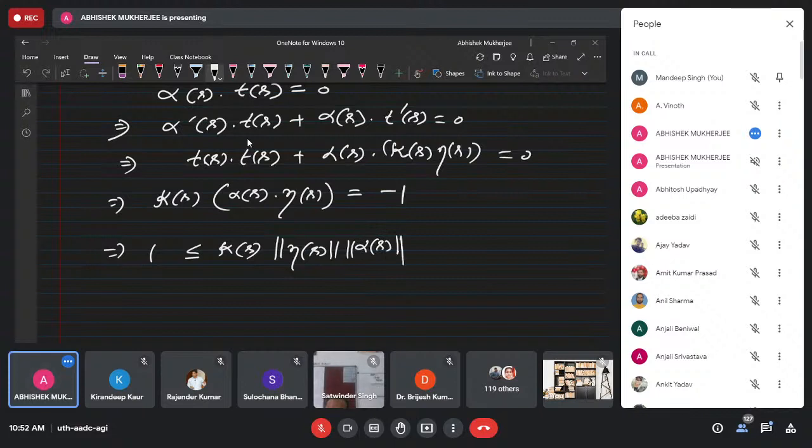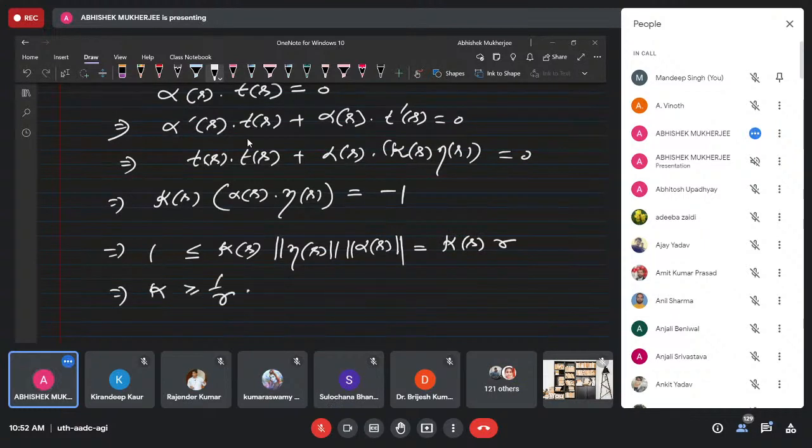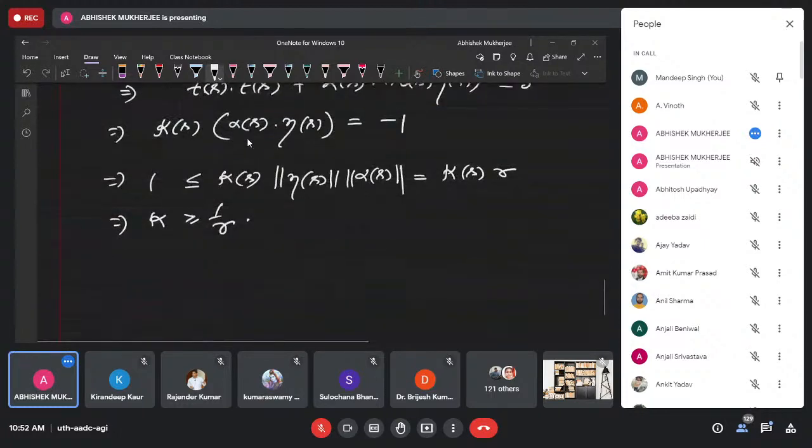So this norm is 1, and this is r, right? Therefore your kappa will be greater than or equal to 1 by r.